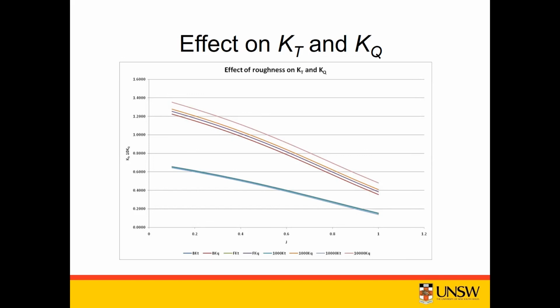These are some of his results here, where you can see the effect on KT, and there seems to be very little effect on KT, but there are much bigger effects on the KQ for roughness on the propeller.